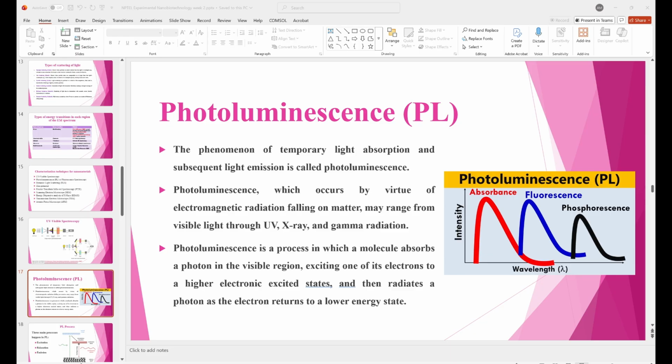You should start measuring your emission spectrum 20 to 40 nanometer ahead of that, so that no interference comes from your excitation. So you should always start your emission spectrum measurement 20 to 40 nanometer beyond your excitation wavelength.